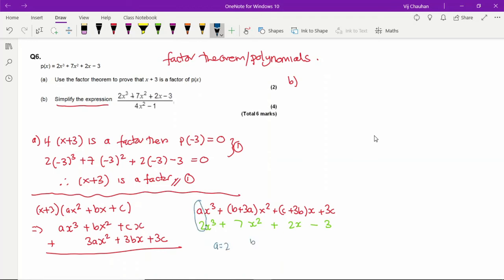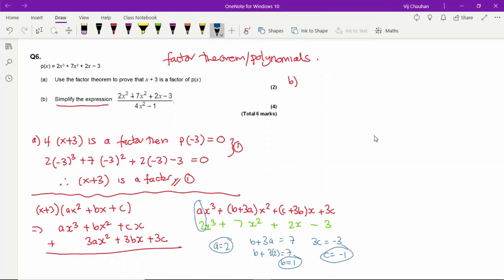I know that b plus 3a is going to equal 7. Well, if I know that a equals 2, I've got b plus 3 times 2 equals 7, so b equals 1. And if I know that 3c equals minus 3, then c is going to equal minus 1.